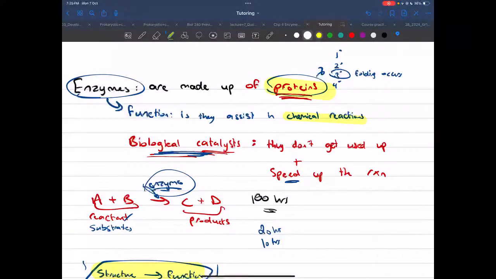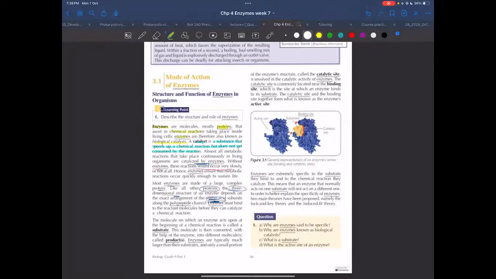As I gave you the example, we have our substrates or reactants on the left side while we have our products on the right side. This reaction, for example, could maybe take 100 hours to occur. However, once I insert an enzyme or a catalyst, this reaction can maybe be completed in 20 or even 10 hours, okay? That's everything we learned till now.